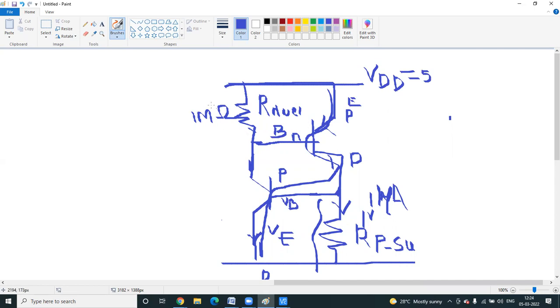The current is also 1 microampere. So this is 5 volt. There will be some drop. Drop is 1 volt. So 5 minus 1, 4 volt. Sorry, base voltage is 4 volt. Emitter is directly connected to 5 volt.